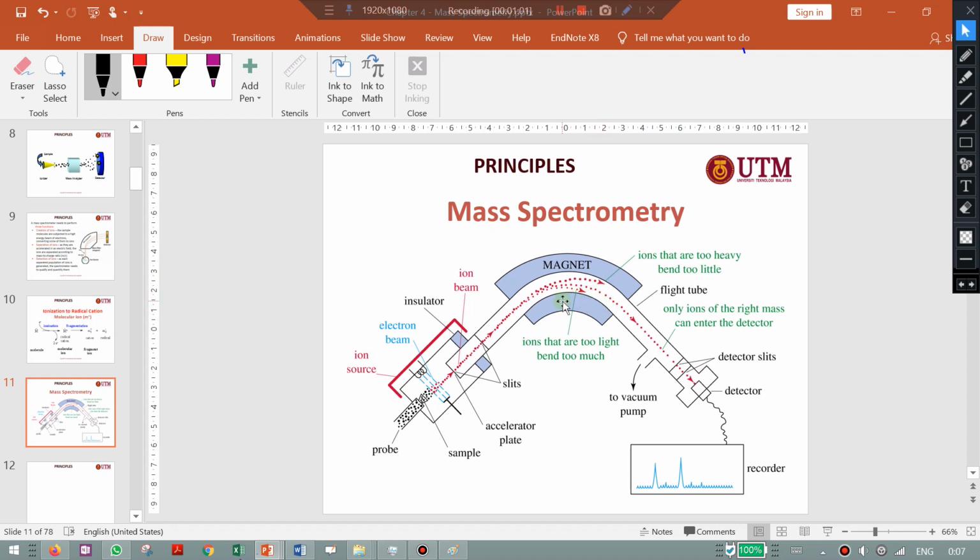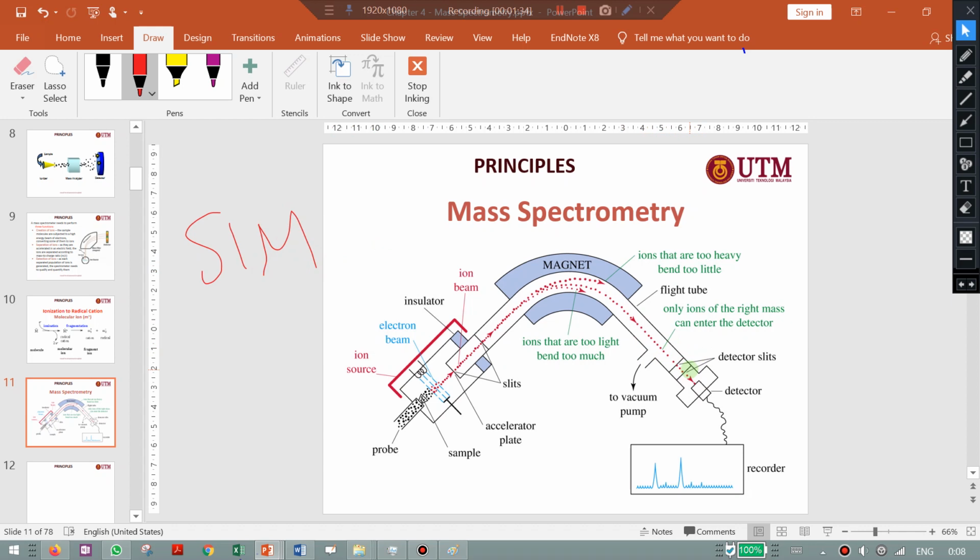Ions that are too heavy bend too little, and ions that are too light bend too much. Ions that have no charge will not bend, they just crash straight on. Only ions with the right mass can enter the detector. If we use selected ion monitoring, the SIM mode, then we can select only the ions with the right mass to enter the detector.